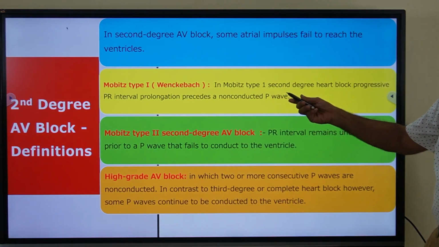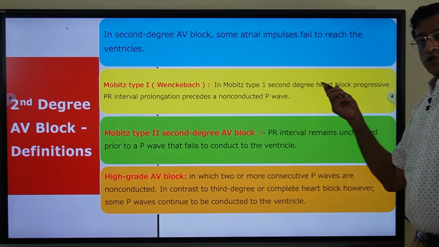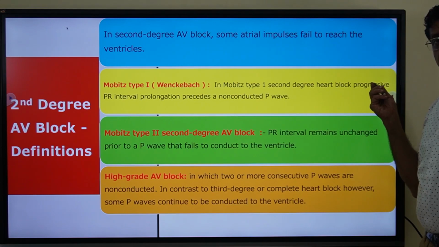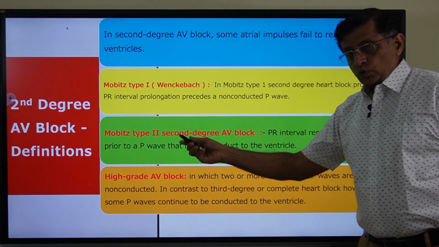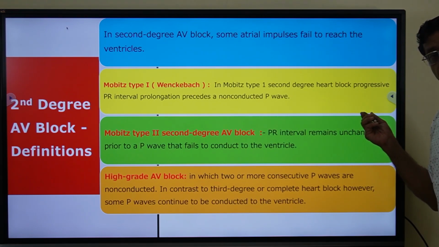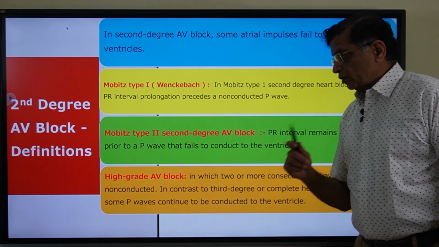In Mobitz type 1, in successive beats, the PR interval gets prolonged and then the P wave fails to get conducted. While in Mobitz type 2, there is a fixed PR interval, and without a prolongation of the PR interval, the P wave fails to get conducted to the ventricles.